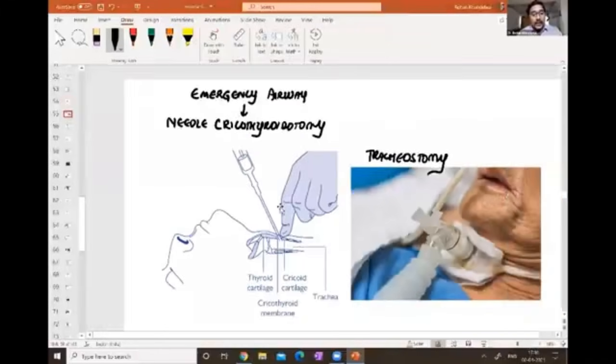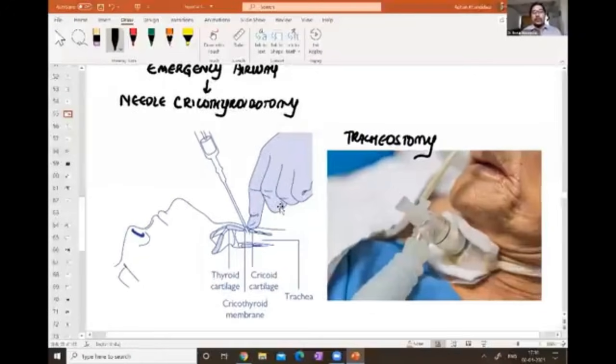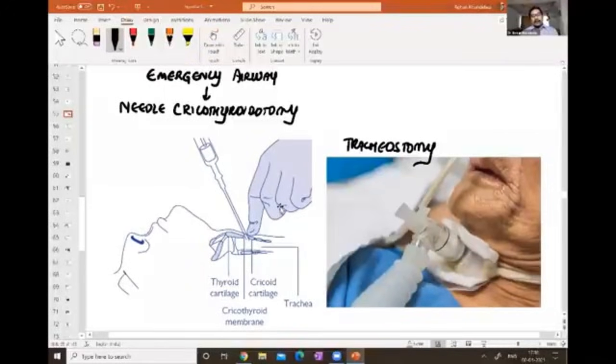Supposing we cannot intubate a patient, then we need to make an emergency airway. This emergency airway has been asked multiple times in the exam. The emergency airway which we use is needle cricothyroidotomy. This has been asked many, many times in the FMGE exam.